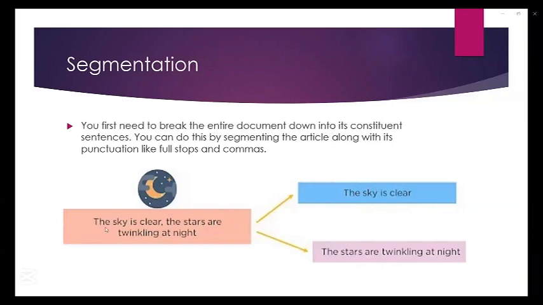So here the complete sentence is "the sky is clear, the stars are twinkling at night". So we have divided it into two parts, right?